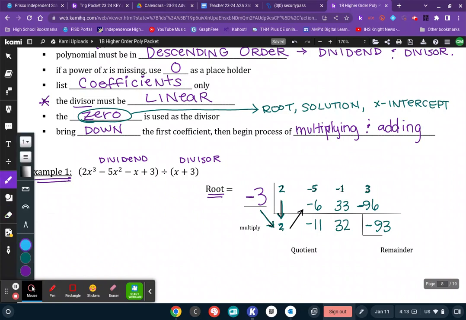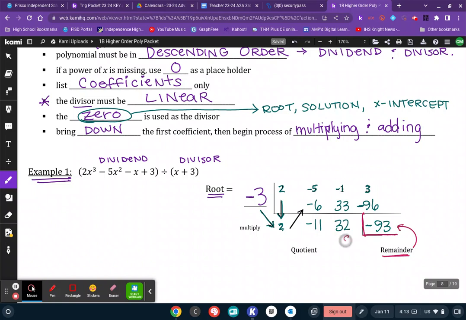And so the way that I like to write my quotient is by first remembering that the far right coefficient that we have is actually the remainder. This first number is going to be my remainder. This second number here is always going to be the constant.